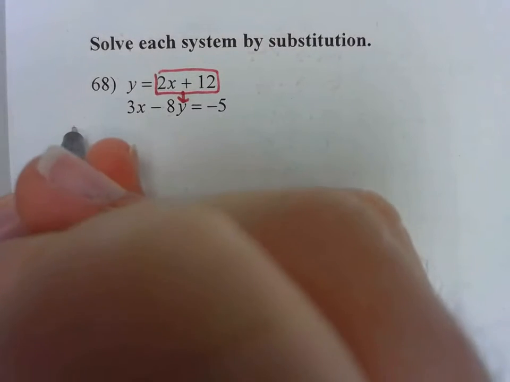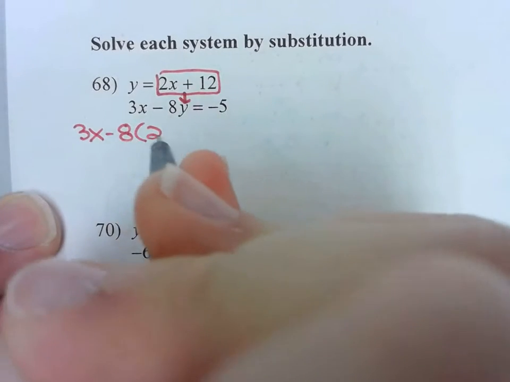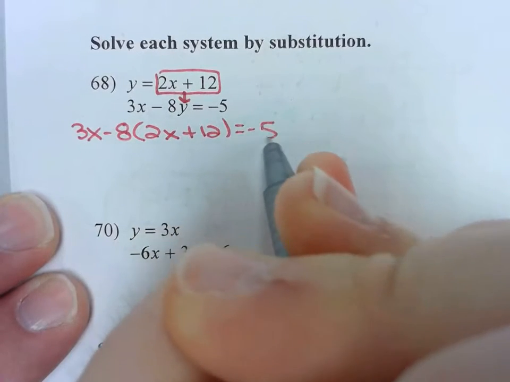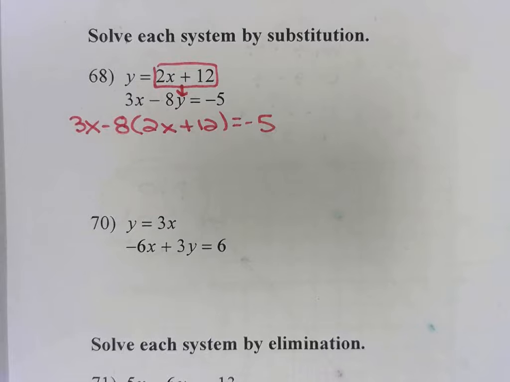So I'm going to have 3x minus 8 times 2x plus 12 equals -5. We are literally substituting it in for y. So you don't have any y left. If I have a substitute teacher, they take my place. I'm not here. They are in place of here. So if 2x plus 12 gets substituted in for y, there's no y there. You just plug it in where y is.